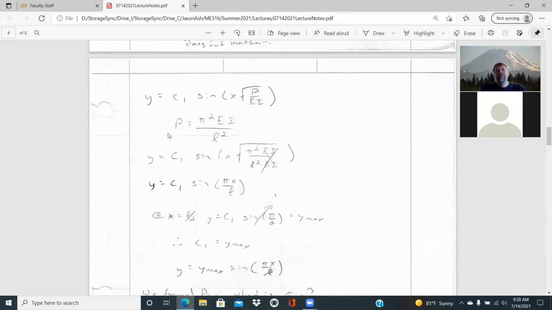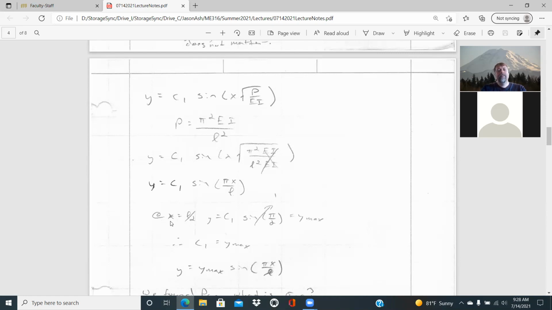And so if you put our P critical in for P, pi squared EI over L squared, we have y is equal to C1 sine x square root of pi squared EI over L squared divided by EI. So the EIs will cancel. We have pi squared over L squared square root, so those come out from underneath the square root sign, and we're then left with y is equal to C1 sine pi x over L.